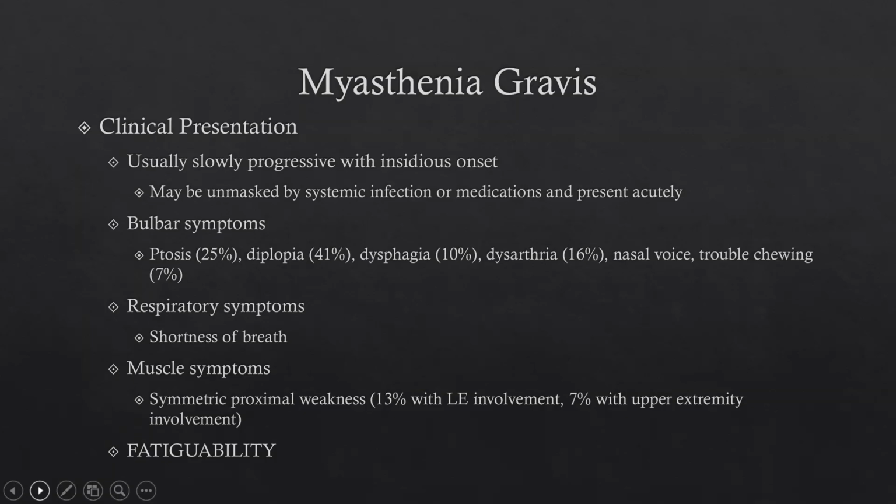With bulbar symptoms, about 25% have ptosis, diplopia 41%, dysphagia 10%, and dysarthria 16%. There might also be some nasal voice and trouble with chewing, okay? And then, of course, limb weakness, which generally tends to be more proximal than distal, in about 13%. You will get more of upper limb and lower limb involvement in 7%.